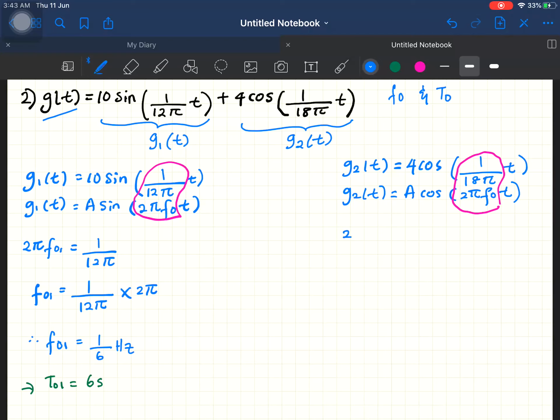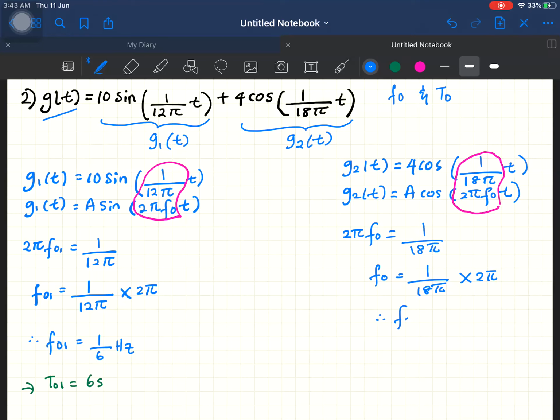So you will have 2 pi f naught equals 1 over 18 pi, so f naught equals 1 over 18 pi multiplied by 2 pi.